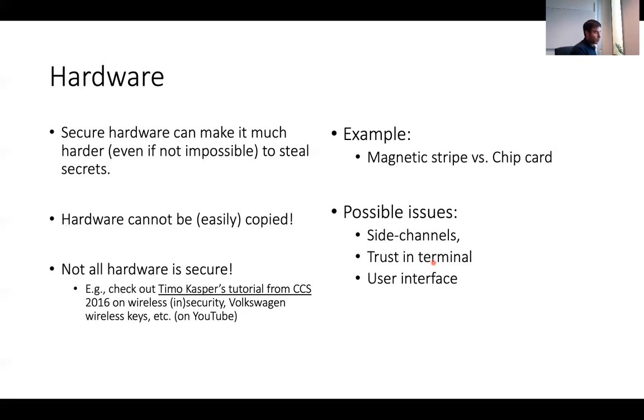Side channels are a way for an adversary to learn about a secret by measuring something about the computation which is happening. It can be measuring the time that it takes for some computation to happen, or the power consumption that some computation requires, or some electromagnetic field which the computation induces.